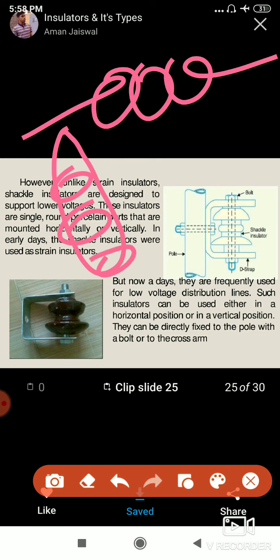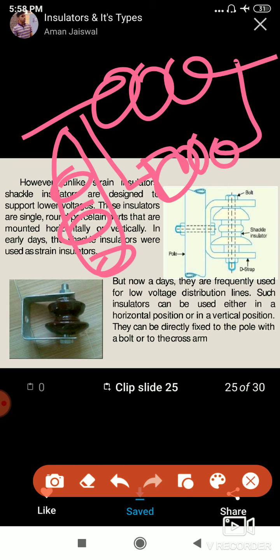That's it, no other difference. If the tension on the line is even more, you connect one more strain type insulator in parallel, which reduces the tension. If it is even more, you connect like this. In this way the strain type insulators are designed. For low voltage it can act as a shackle insulator. For high voltages it can act as a suspension insulator, but placed vertically.